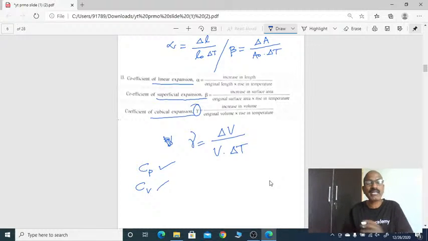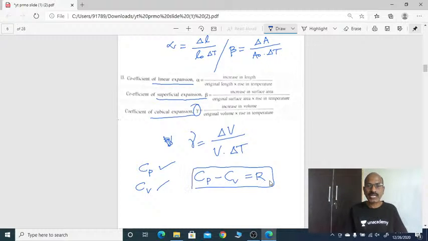The relation between these two: Cp minus Cv equals R. This is called the Mayer equation, where Cp is specific heat at constant pressure and Cv is specific heat at constant volume. Mayer equation or Mayer relation.